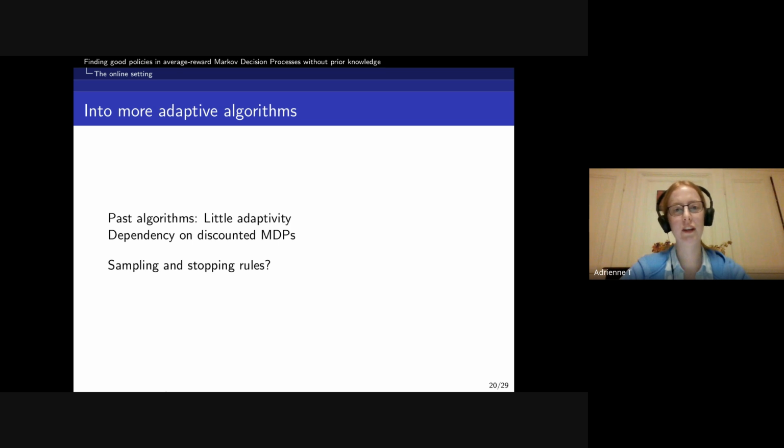And you just need to find the right discount after which the behavior of the policies is going to be the same.